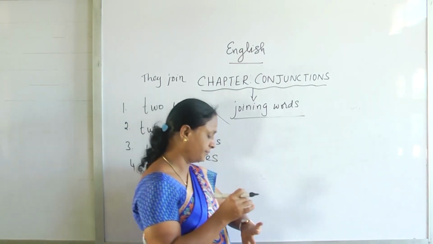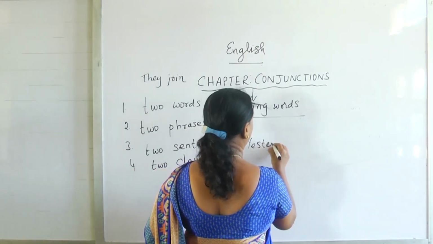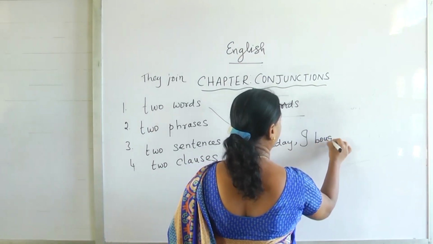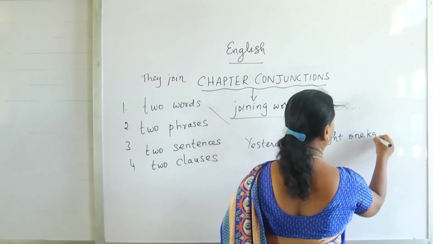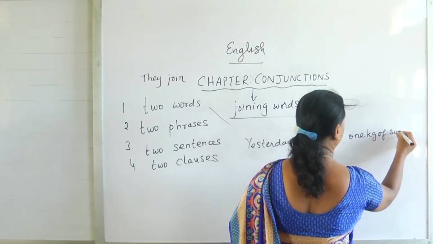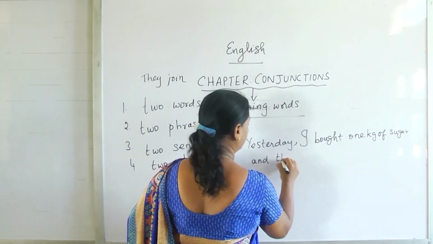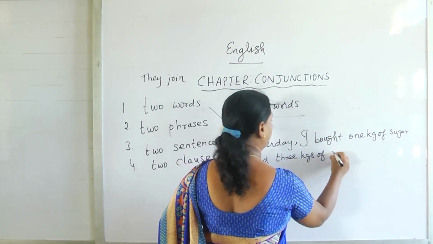How can I make a phrase? Yesterday, I bought 1 kg of sugar and 3 kilos of rice.